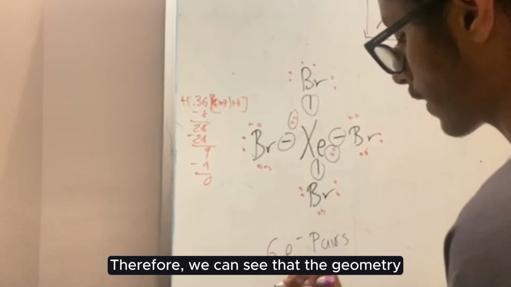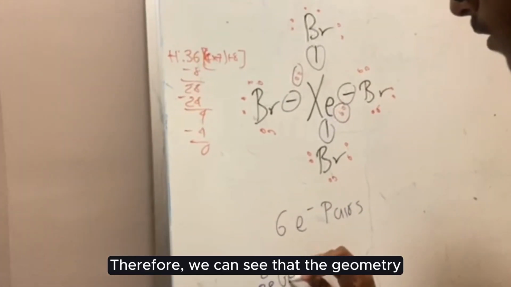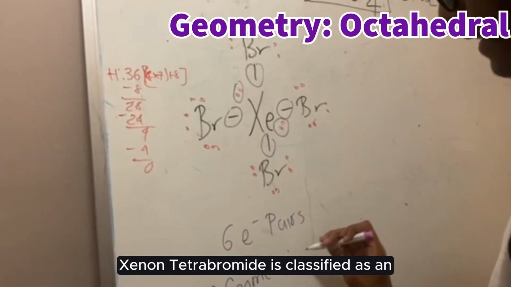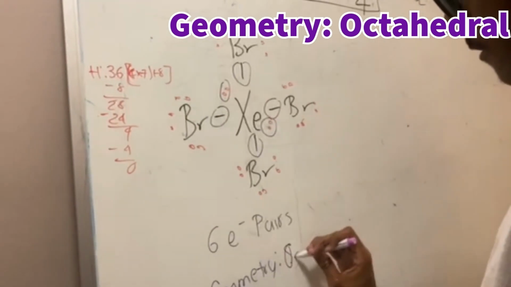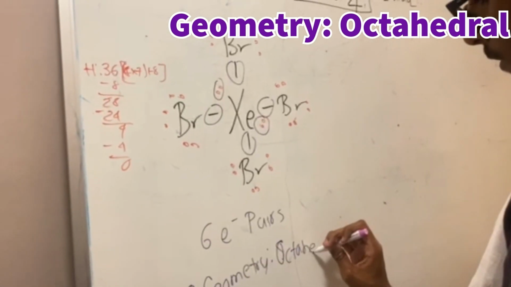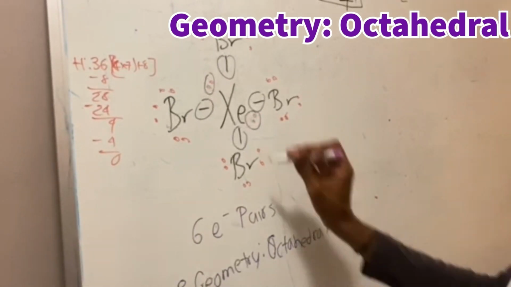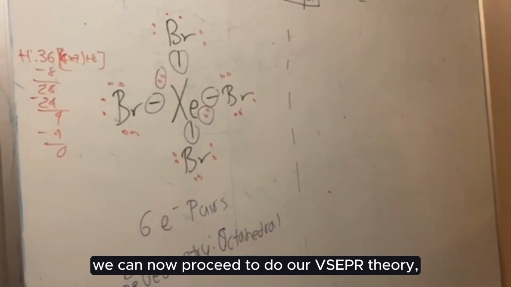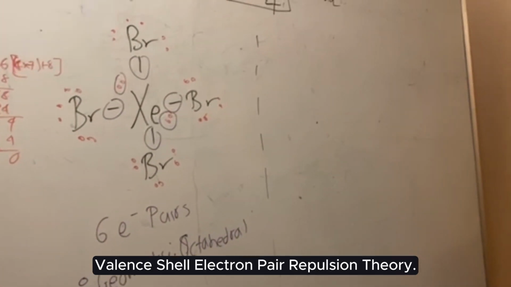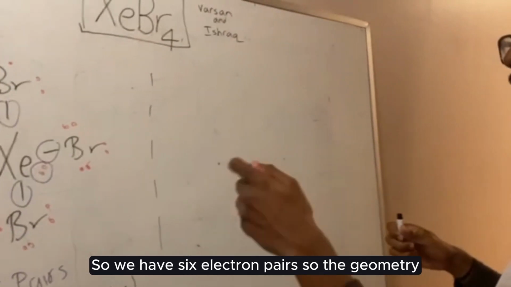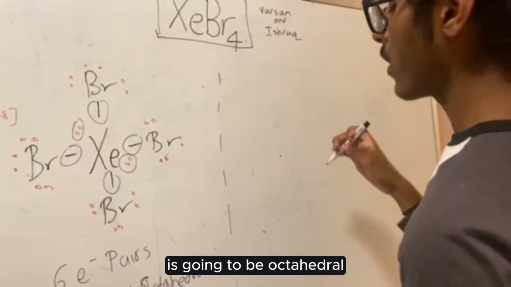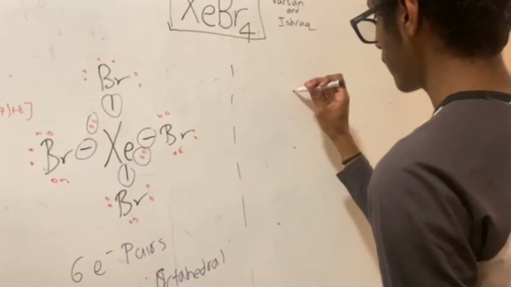Therefore, we can say that the geometry of our molecule, xenon tetrabromide, is classified as octahedral. Having said this, we can now proceed to our VSEPR theory, valence shell electron pair repulsion theory. So we have 6 electron pairs, so the geometry is going to be octahedral.